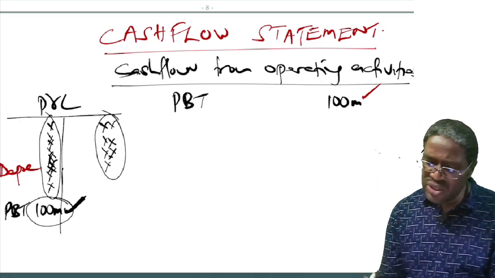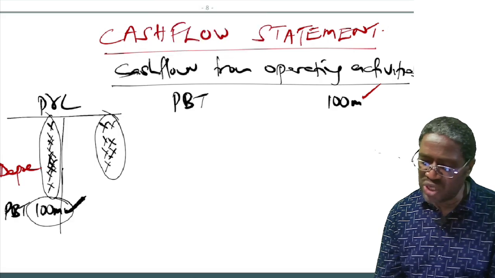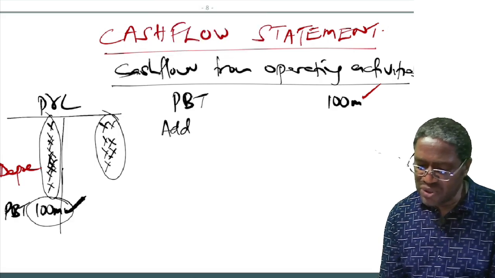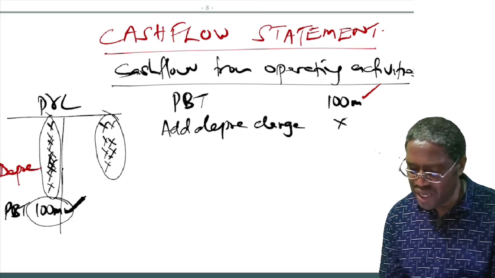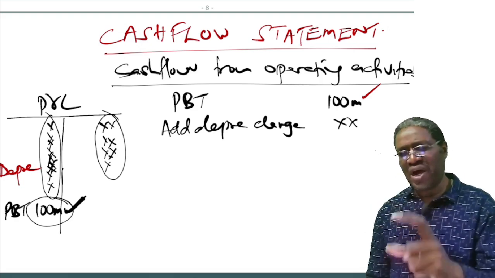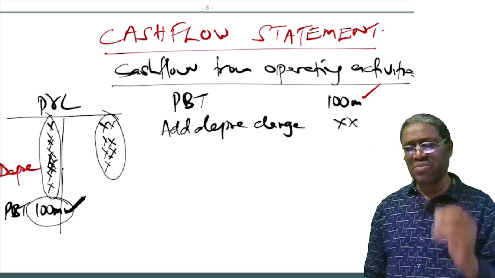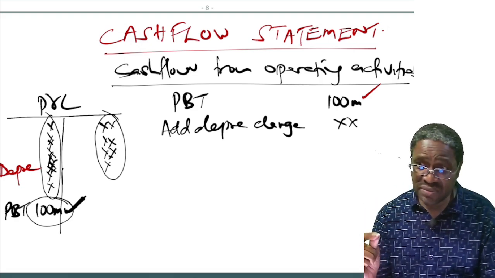So to adjust this profit, you will now come and add back that depreciation charge, whichever is the depreciation charge for the year. And so we are saying, identify from your income statement such non-cash items.